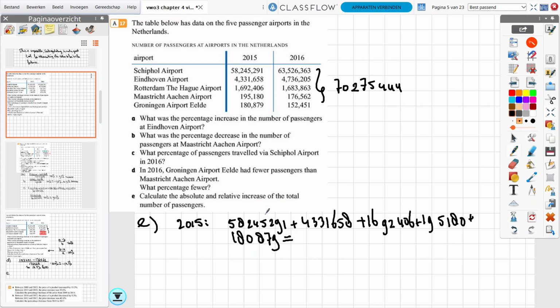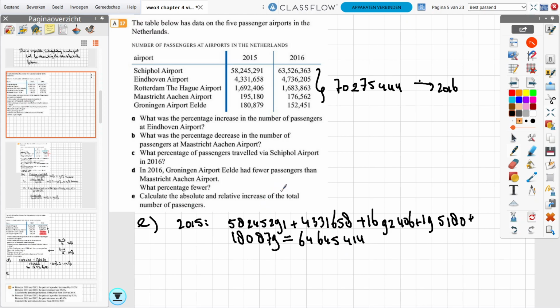Yeah, because it also gives you an increase already. It's 64,645,414. Okay, so this is 2016 and this is 2015.